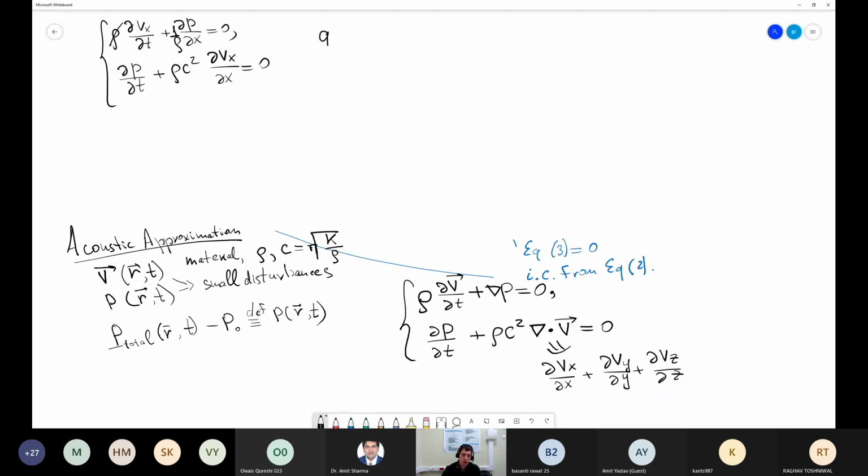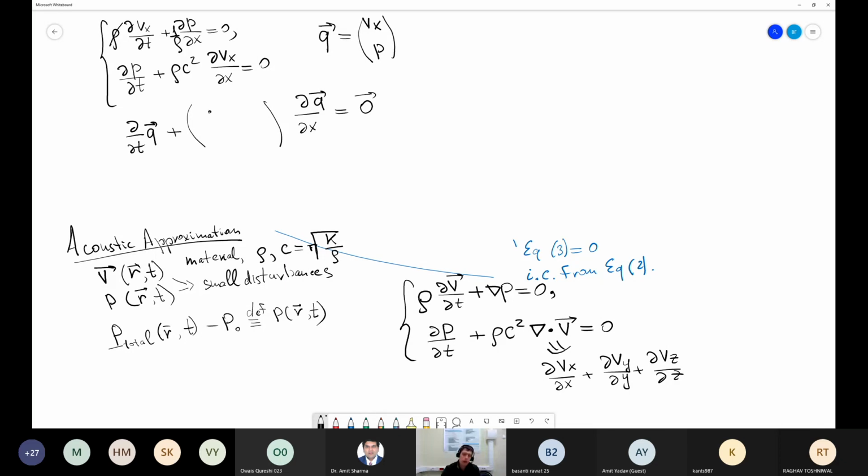We introduce the new vector of unknown functions q: vx and p. We can rewrite this system in the form d over dt of the vector q plus some matrix multiplied by d over dx of the unknown vector q is equal to the zero vector.